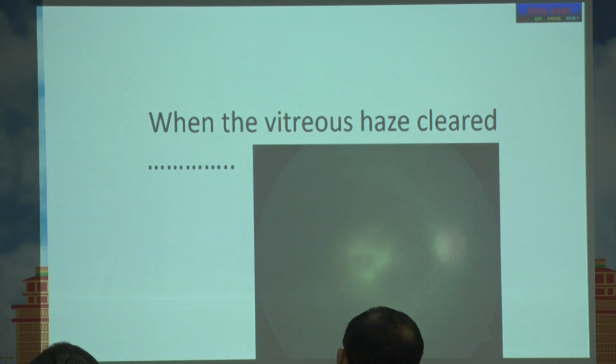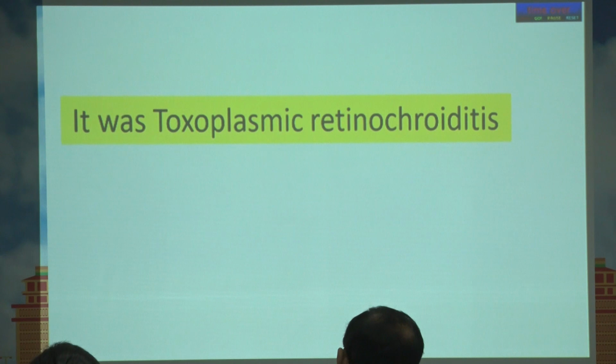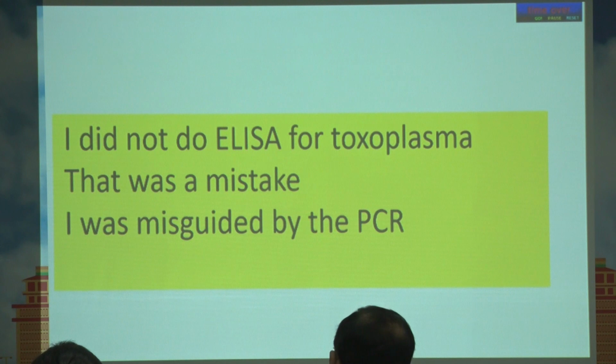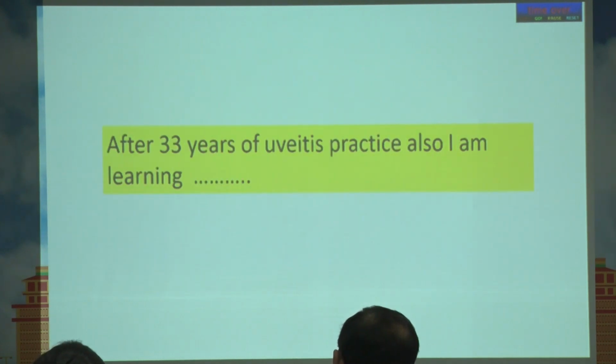So diffuse KPs can be due to toxo, and I learned that lesson. So it was toxoplasmic retinochoroiditis. I didn't do the ELISA for toxoplasma thinking that it's TB or sarcoid. That was a mistake. I was misguided by the PCR. So the lesson learned after 33 years of uveitis practice, I am learning, and that's true. Thank you.